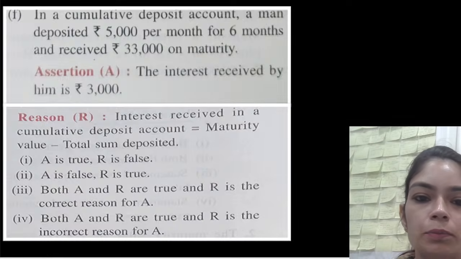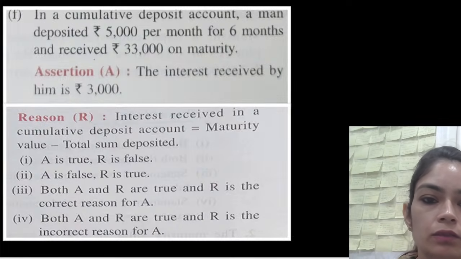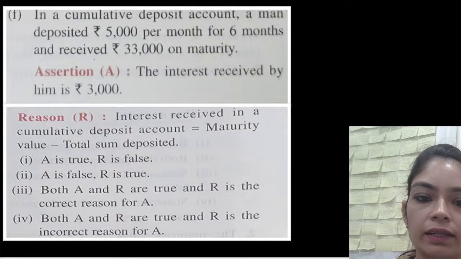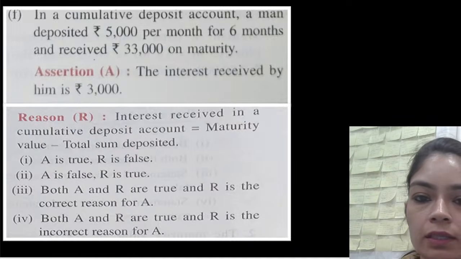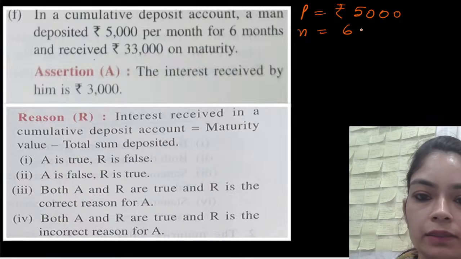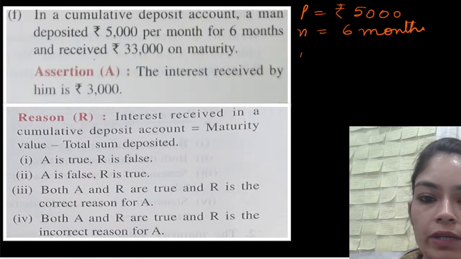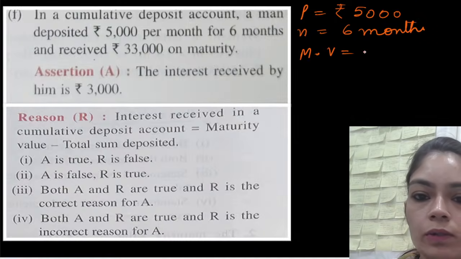In a cumulative deposit account, a man deposited 5,000 per month for 6 months and received 33,000. So this is the given information. What is given to us here? P is given to us as 5,000, N is given as 6 months, and MB is also given. MB is equal to 33,000.